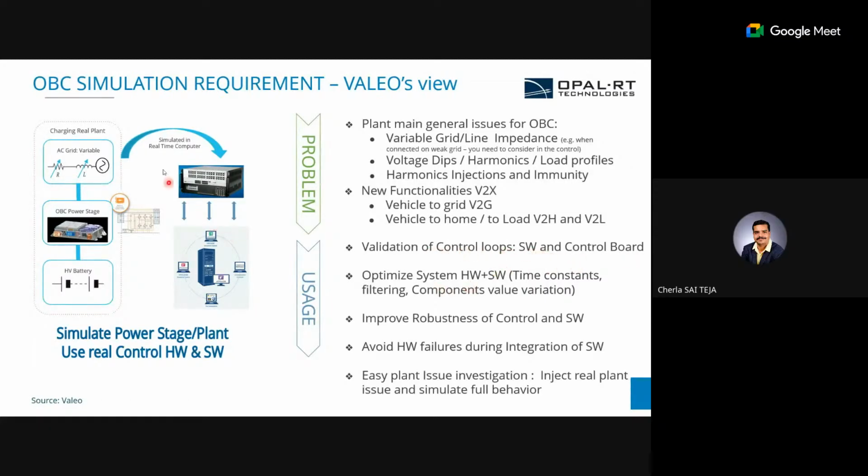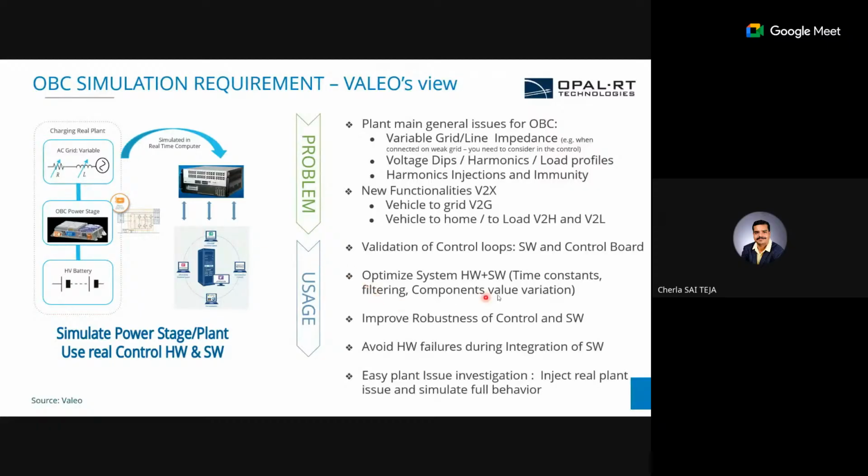They want to validate their control loop, the controller board, and the software part. So what OPAL-RT provided was the solution, optimizing the simulator, both hardware and software, to meet their switching requirements, the time constant filtering, component value variation. By changing the component values here, let us say whenever a switch is closed, the current will be flowing and the on-state resistance will be very low, and whenever the switch is open, the resistance will be very high.